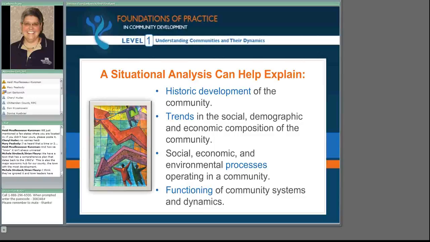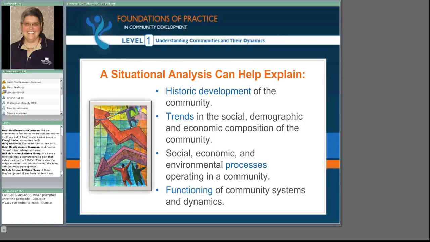There are trends in the social, demographic, and economic composition of the community that, if left unchecked, are inevitably going to lead to certain kinds of futures. Communities need to understand that. But they also need to understand that they can reshape those trends and move towards a different future.